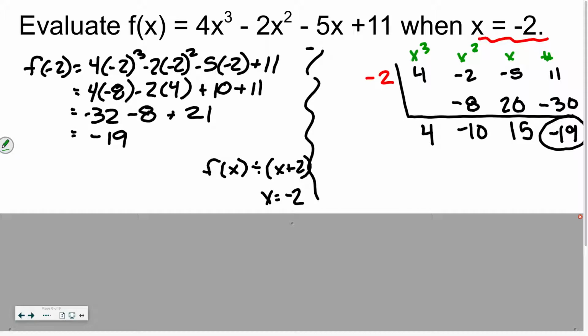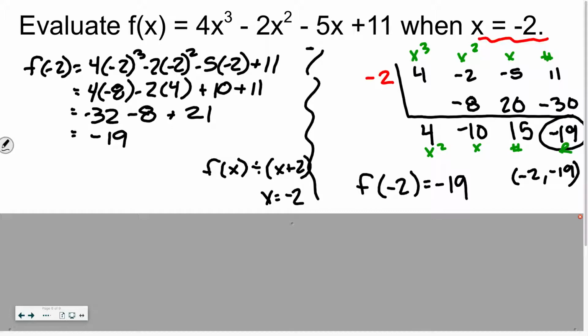So this was now x squared, x, and a number, and then my remainder. But for the purposes of the remainder theorem, if I'm evaluating the polynomial, f of k is equal to r. So what we're saying is f of -2 equals -19. Is that true? Yeah. And if you wanted to graph a polynomial, then you know that -2, -19 is a point on your graph, right? It could go left 2 and down to -19.